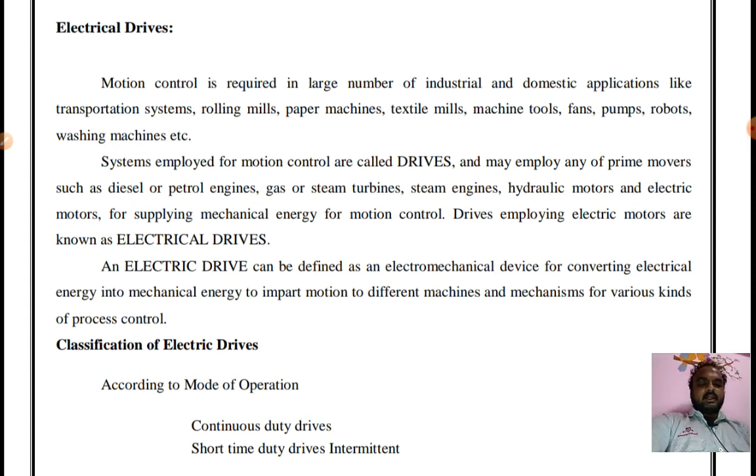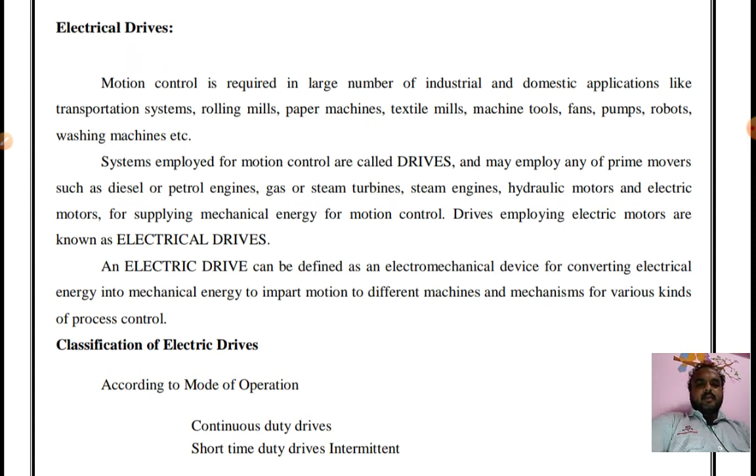First we will see what an electrical drive is. Motion control is required in a large number of industrial and domestic applications like transportation systems, rolling mills, paper machines, textile mills, machine tools, fans, pumps, robots, washing machines, etc. Fans, pumps, robots and washing machines we can use for domestic purposes also. Mainly we use these drives because we need control of motion, so electrical drives are required.